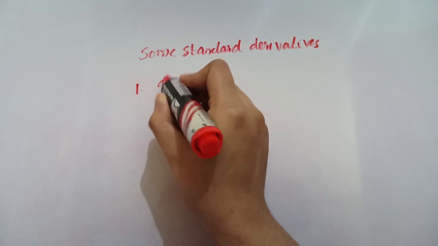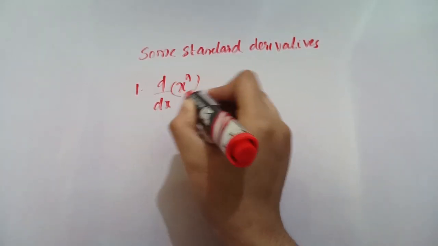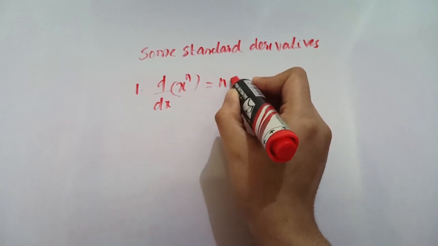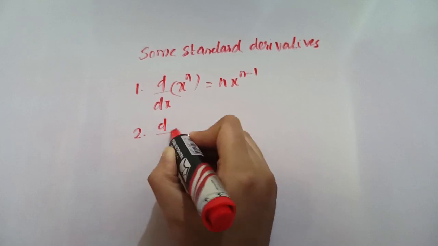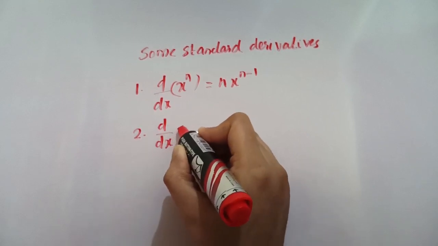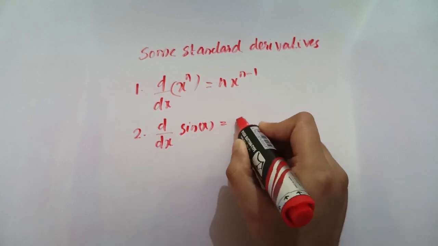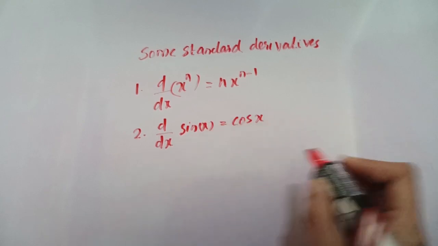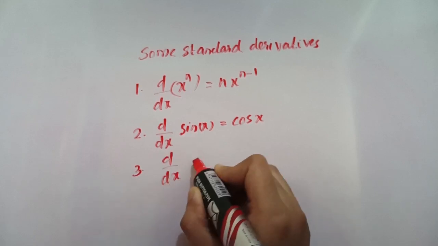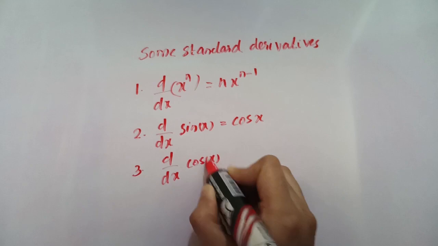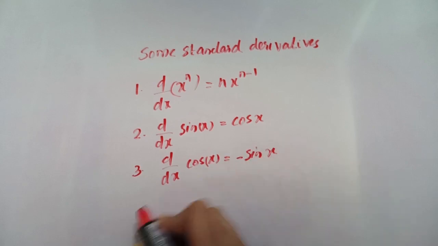First one, d by dx of x raised to n is equal to n into x raised to n minus 1. Second, d by dx of sin x is equal to cos x. Third one, d by dx of cos x is equal to minus sin x.